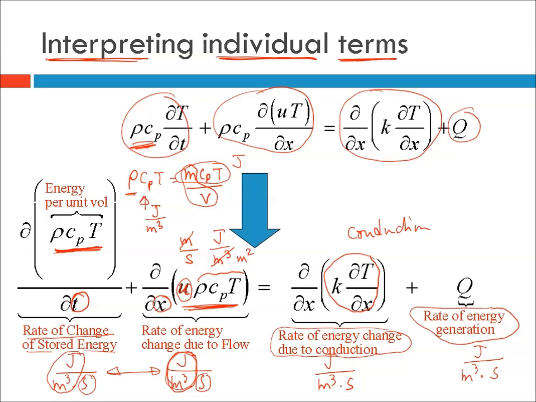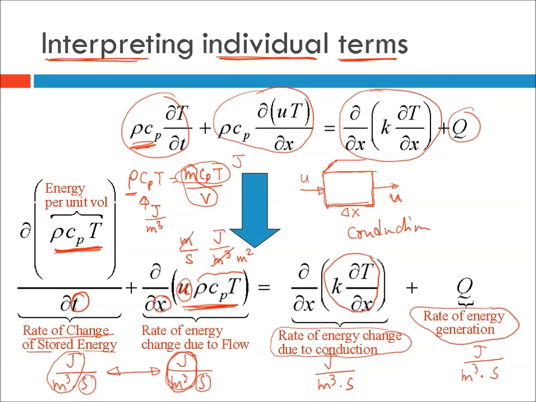Before we move on, I want to make one simplification. You notice that in the balance that we did, if this is my delta x, then the velocity u coming in has to be equal to the velocity u going out, because we are not talking about things that are being compressed inside.